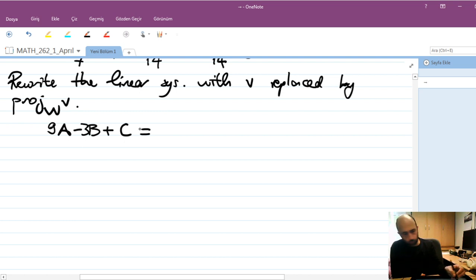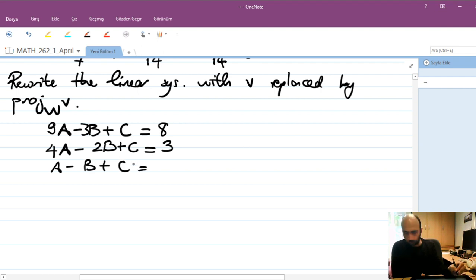So the first two numbers don't change. They are again 8 and 3. But the others do change. I mean A minus B plus C. Now in the original system, let me check my notes, it was supposed to be 0. Now it is not. It is instead something like 3/7.